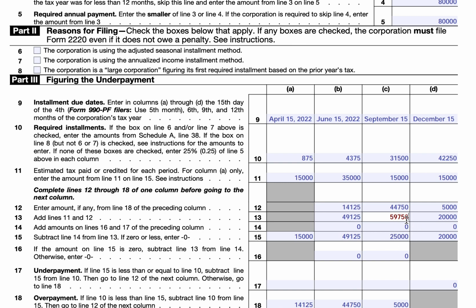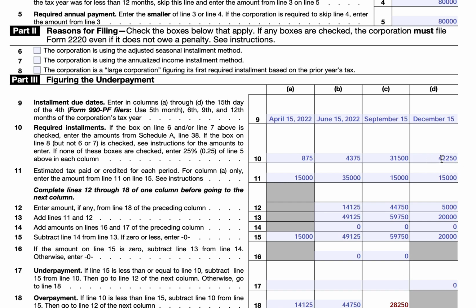No. So now we're going to subtract line 14 from line 13, in which case there's nothing to subtract, so we just carry that number down. There's a 0 here, and there's still an overpayment, right? So we're going to subtract the line 10 amount from line 15, and we still have an overpayment of $28,250. Okay, so it's not as much as the overpayment here, but we still have an overpayment.